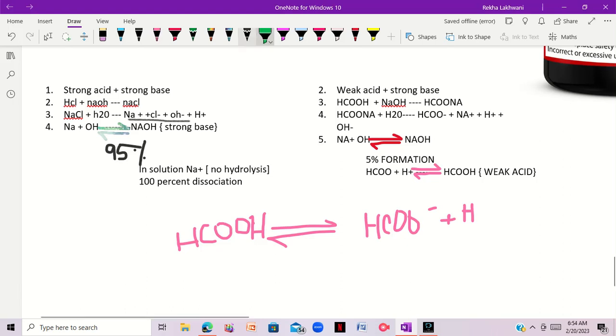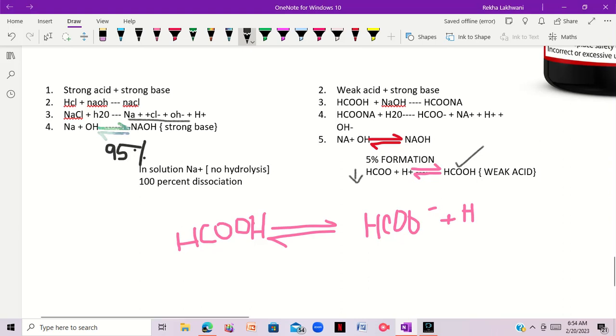This will be more formed because this is a weak acid and there will be a low concentration of these ions. So the ions of water are combining with the ions of salt, which means this reaction is showing hydrolysis, right?